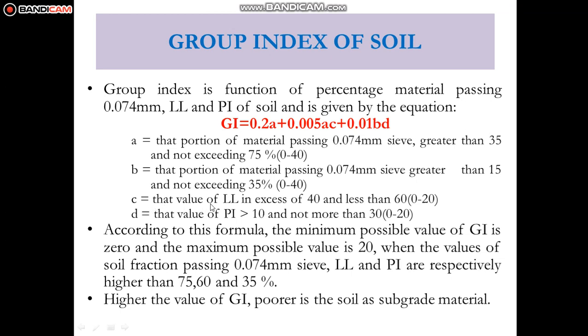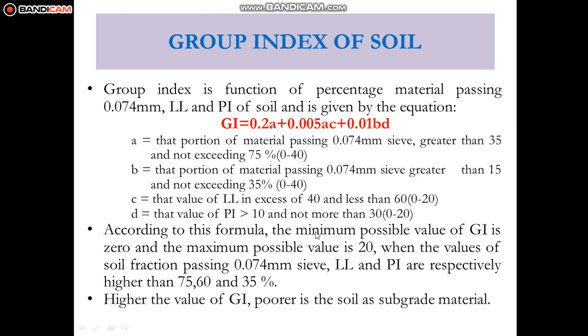Coming to C, that is the value of liquid limit in excess of 40% and less than 60. Usually the value is 0 to 20. D equals the value of plasticity index greater than 10 and not more than 30. Usually it is 0 to 20. So you should remember what is A, what is B, what is C, what is D, while solving the problem.